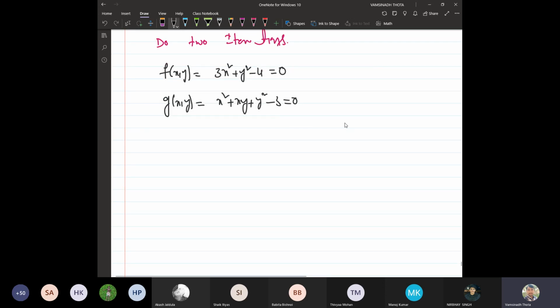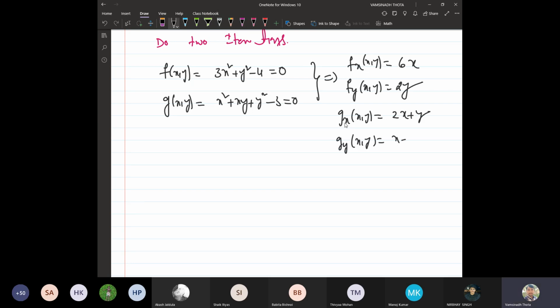First thing, we should check whether the partial derivatives of f and g exist or not. Yes, of course. Okay, let us evaluate fx itself. Fx is equal to 6x. Fy is equal to 2y. Gx is equal to 2x plus y.